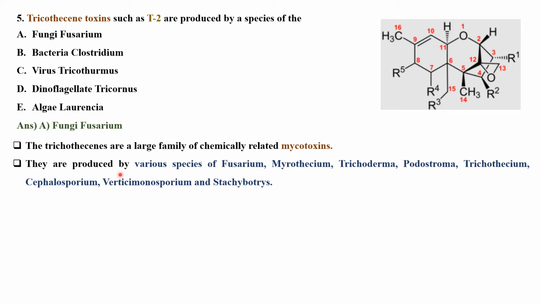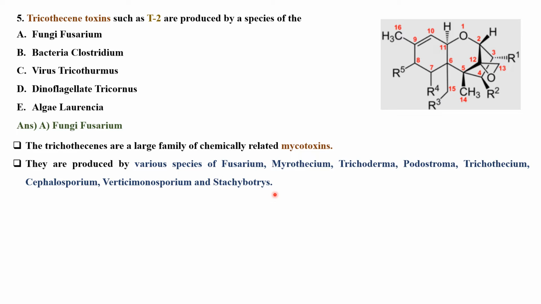These trichothecenes are produced by various species of Fusarium, Myrothecium, Trichoderma, Podostroma, Trichothecium, Cephalosporium, Verticimonosporium, and Stachybotrys. Okay, we'll learn a few more details about these so that whenever there is a next question based on these fungal toxins or mycotoxins, we will be able to identify these species also.